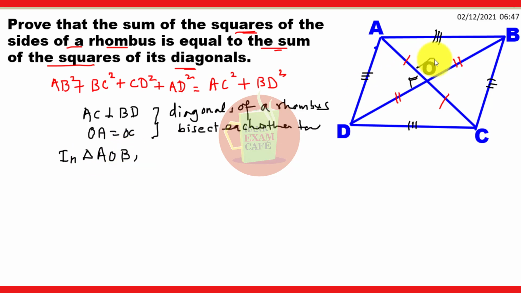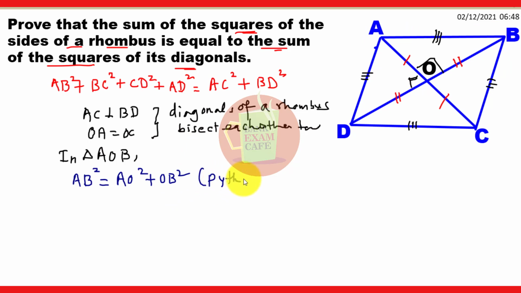In this triangle, this angle is 90 degrees, so this is a right angle triangle, and therefore AB square is equal to AO square plus OB square. We are applying the Pythagoras theorem: the square of the hypotenuse is equal to the sum of the squares of the other two sides.